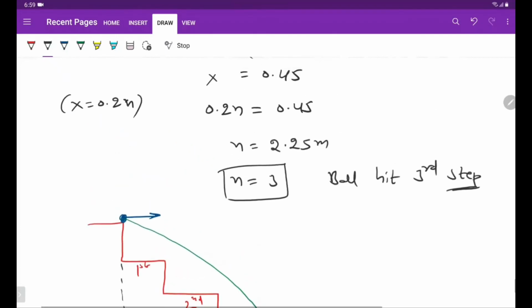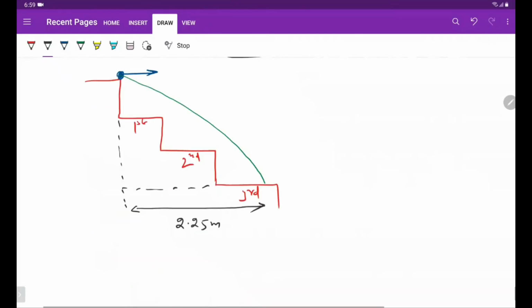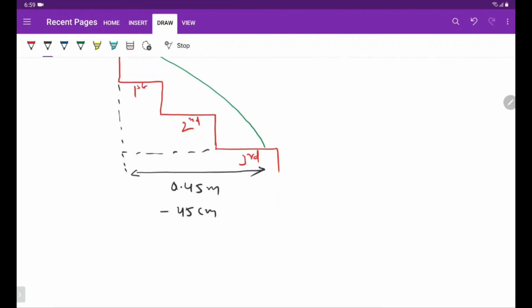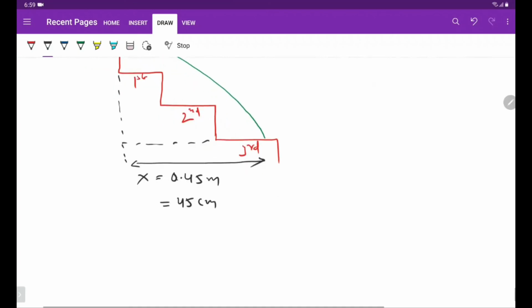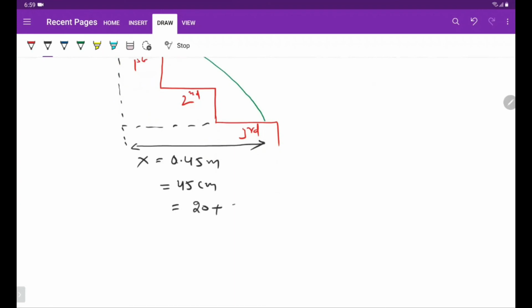The x value is 0.45 meters, that's 45 centimeters, that is 20 plus 20 plus 5.